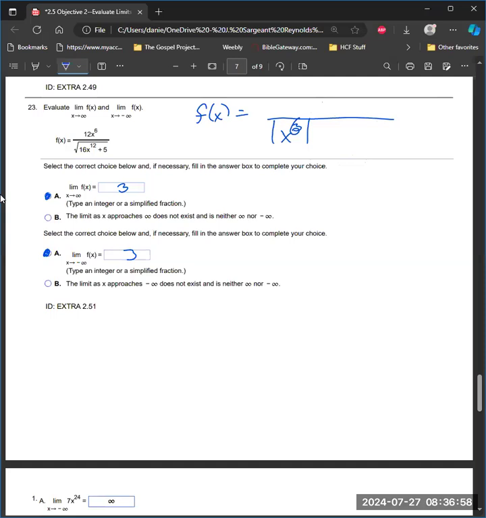That would have been the better way to do it. And no matter whether this is positive or negative infinity, this is going to be a positive number. This is going to be a positive number, the same positive number. These are going to cancel. And that's why it's +3 for both of them.